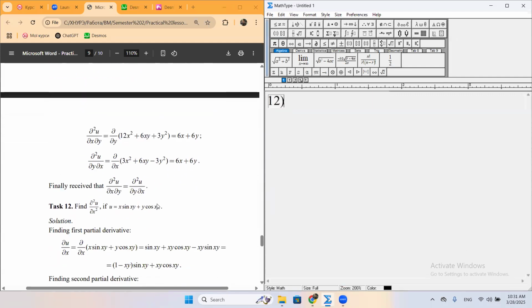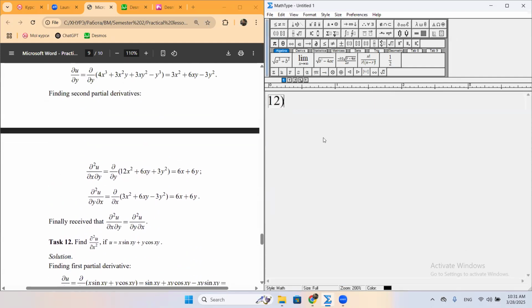So to exercise number 12. Now we have to find the derivatives of the second order. So first of all, let's write down a function u. u equals x sine xy plus y cosine of xy. So finding the first derivative by x, so du by dx equals, so here is a product of functions.